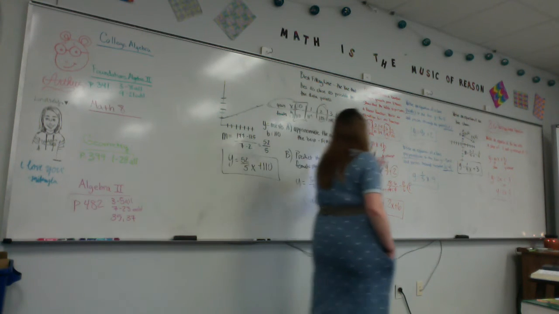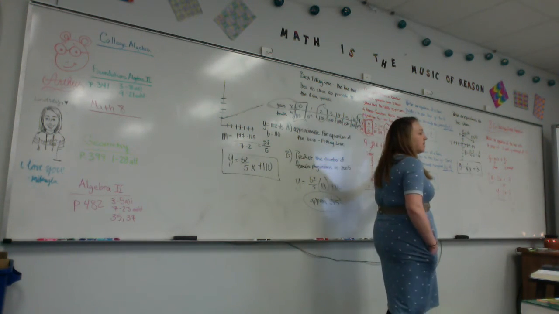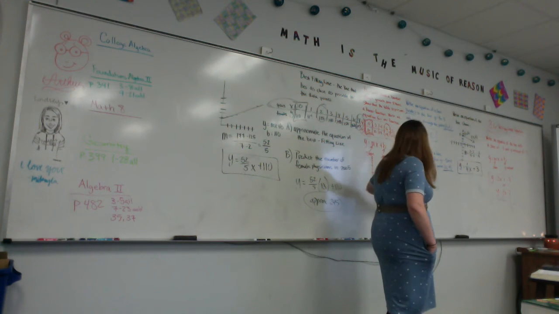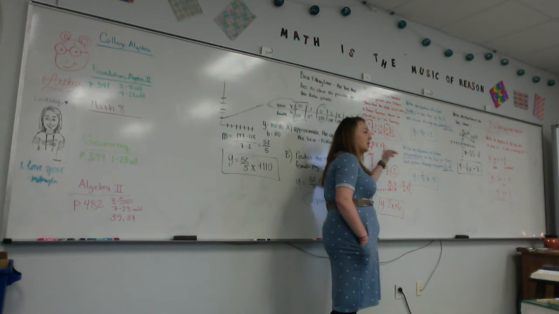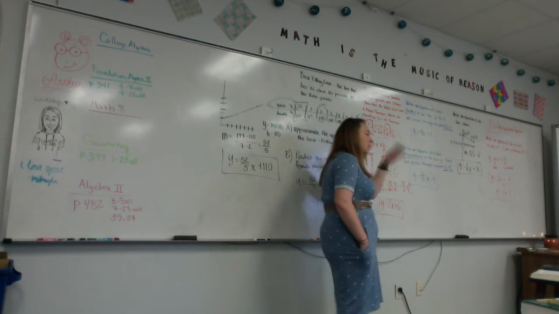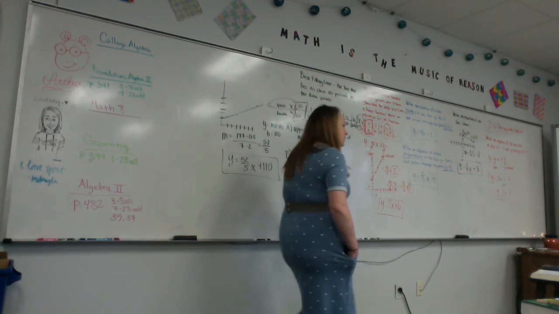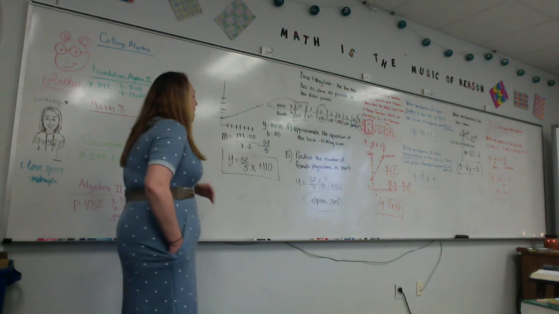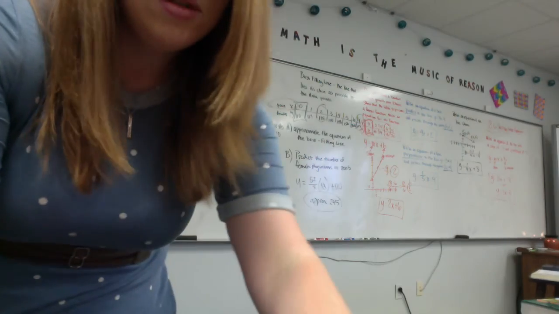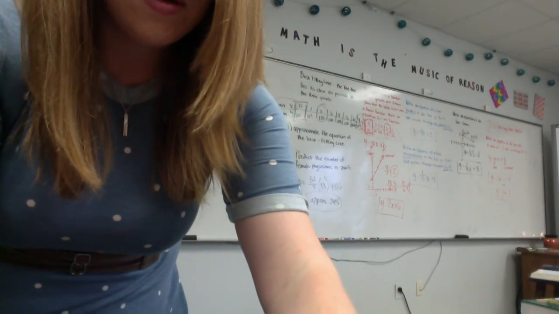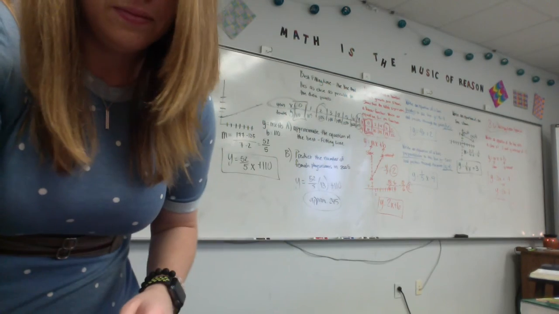From there, I pick 2 random points of data to find my slope, change in y over change in x, and I create my equation. I can also graph it and count the spaces up and down, or left and right. Okay? So that is what you are working on for your homework tonight.